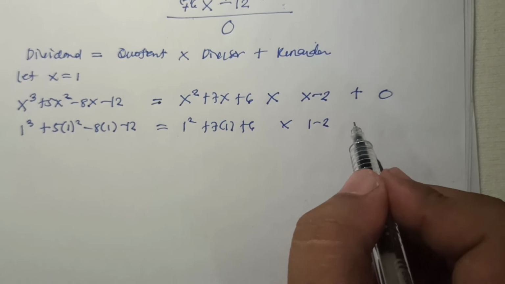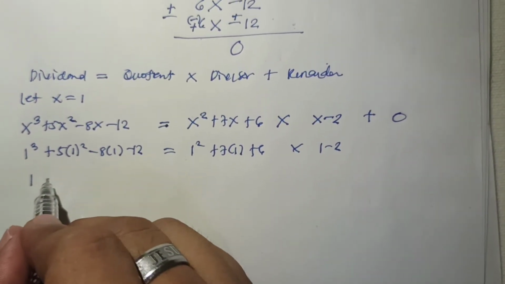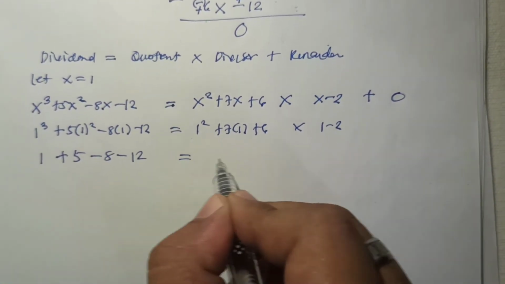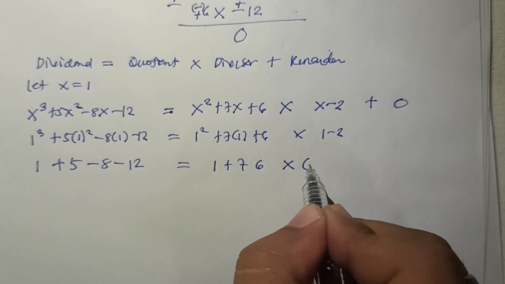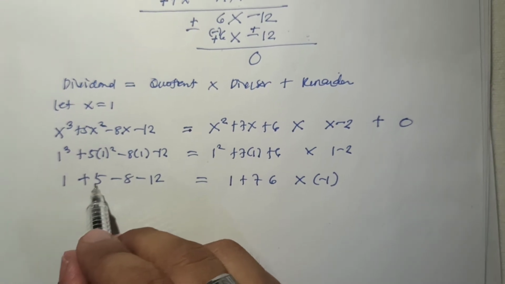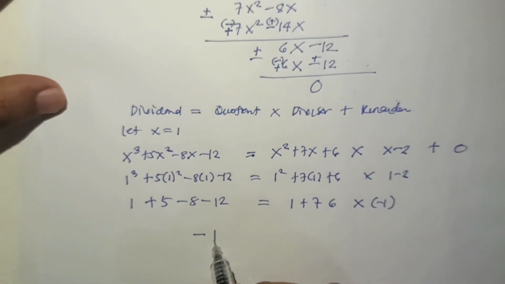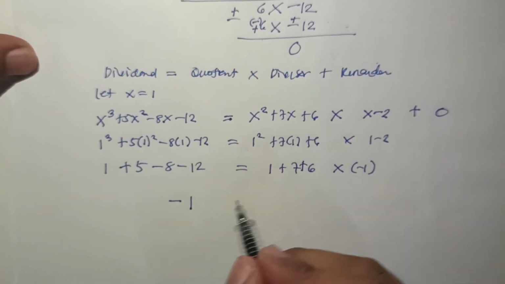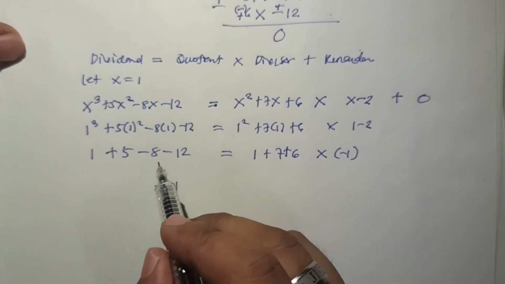So this will become 1 plus 5 minus 8 minus 12 is equal to 1 plus 7 plus 6 times negative 1. Adding 1 plus 5 minus 8 minus 12: 1 plus 5 is 6.